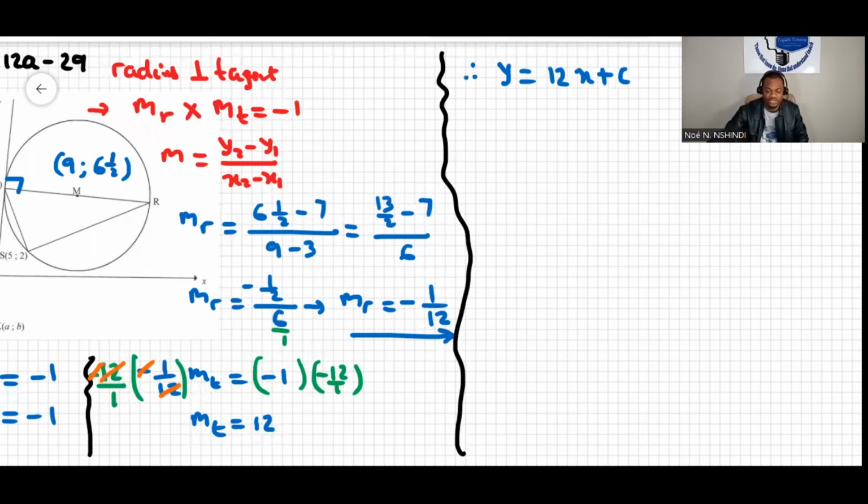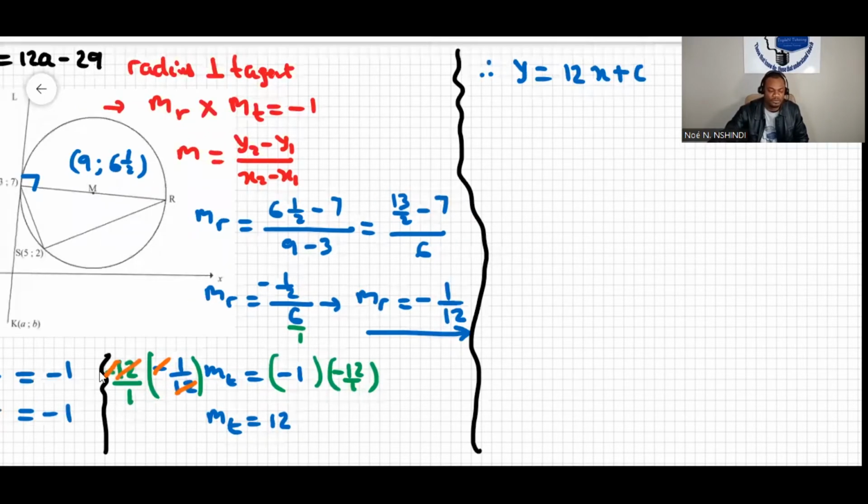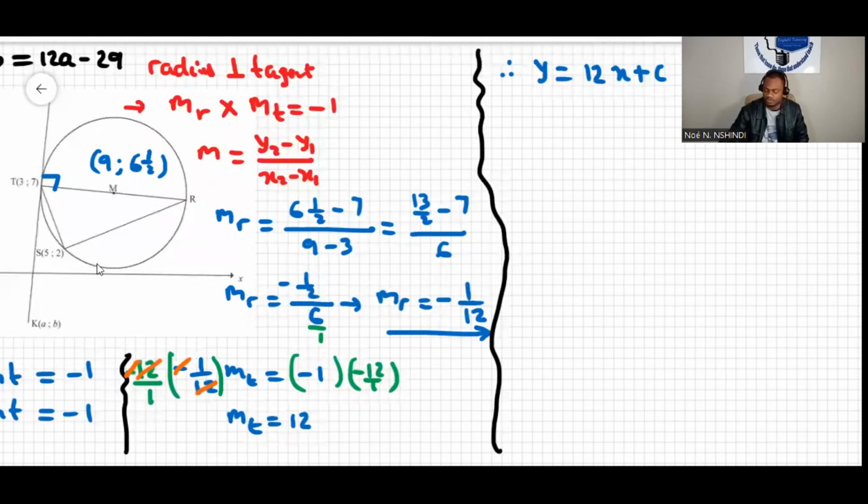That's the equation of the line of the tangent here. So we can find c if I sub in the point T, which is 7 for y and 3 for x.